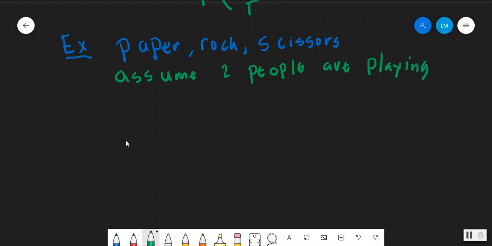Then the possibilities could be that one person does paper and the other person also does paper. Another could be paper, rock, or paper, scissors.